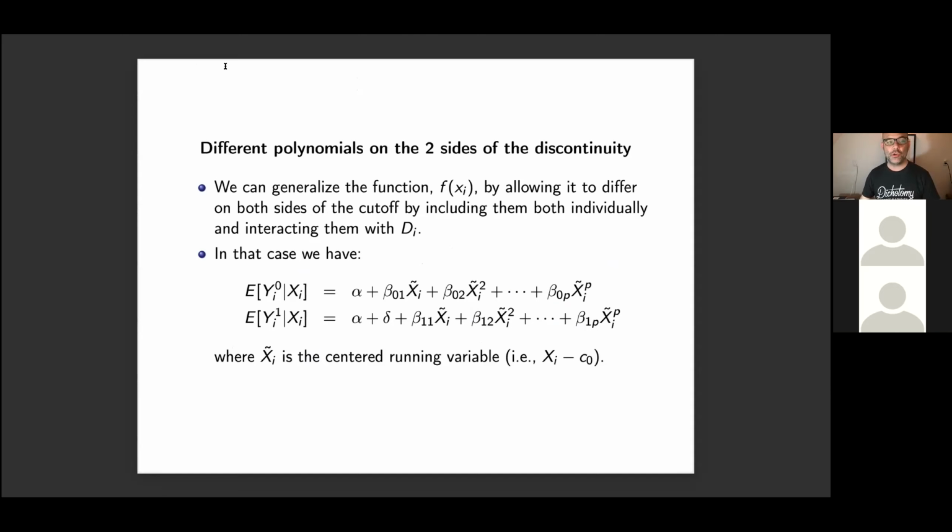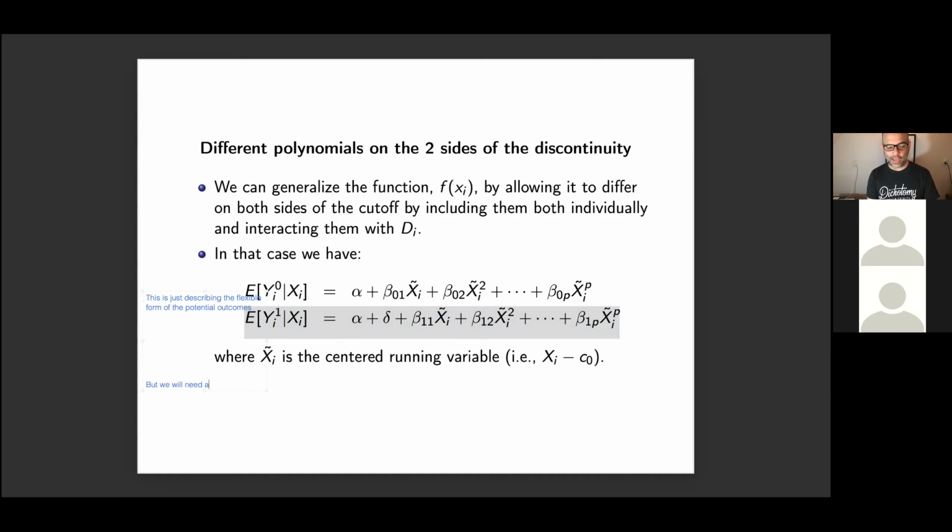So you're going to assume that expectation y0 follows a polynomial, and you're going to assume expectation y1 follows a polynomial, right? This is just describing the flexible form of the potential outcomes.